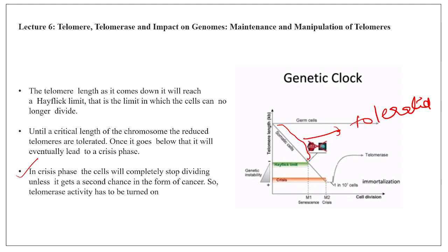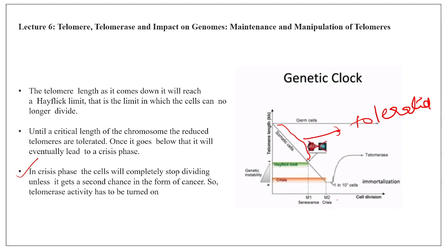So in the crisis phase, the cells will completely stop dividing unless they get a second chance in the form of cancer. So telomerase activity has to be turned on. Telomerase activity is turned down in germ cells. It is turned on in stem cells.